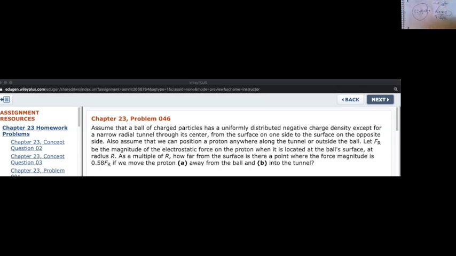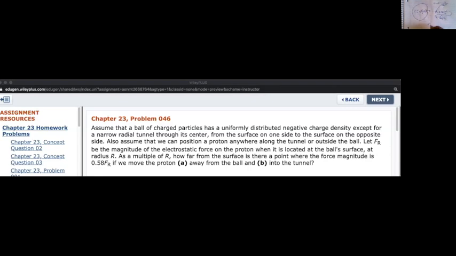Then you're going to solve this and come up with the ratio for r. Your final answer is going to be in terms of R. So we can solve for r. Let's get started on it and see what happens.